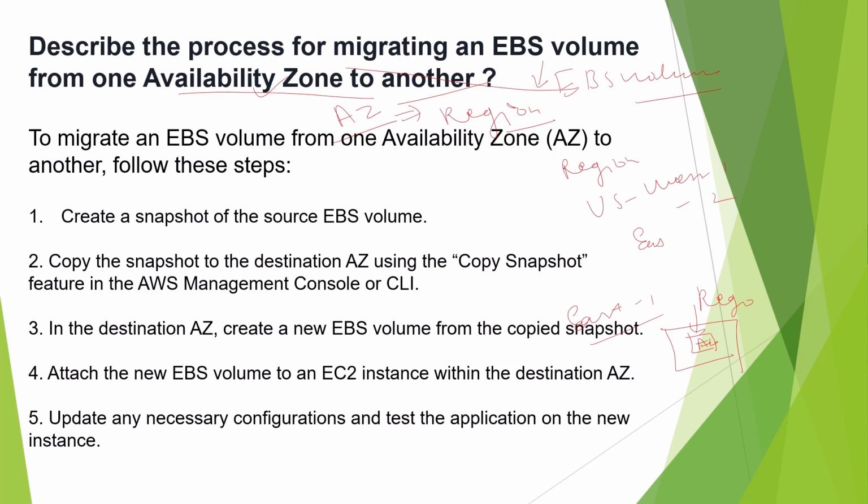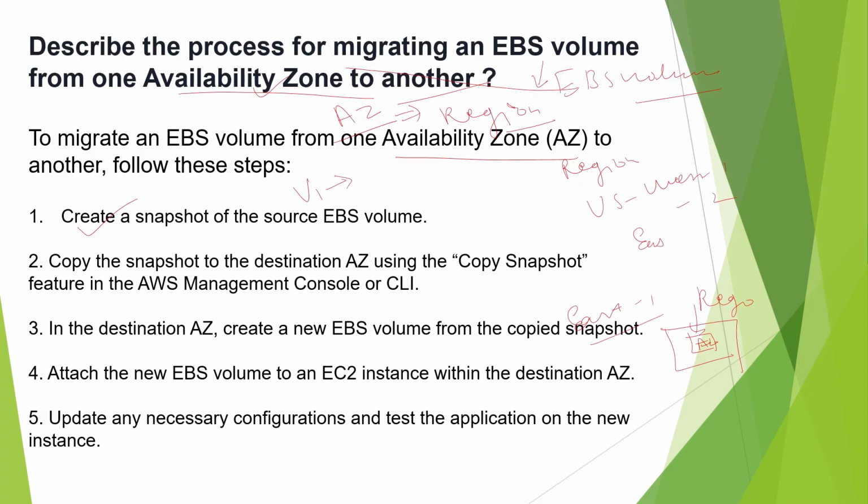Describe the process of migrating an EBS volume from one availability zone to another. It's very simple to migrate an EBS volume from one AZ to another AZ. First, we need to create a snapshot of the source volume which you want to migrate. Let's say the volume is v1.